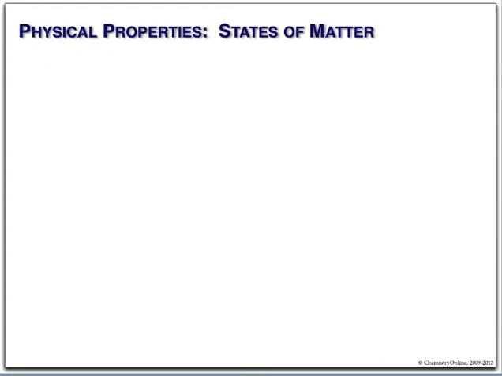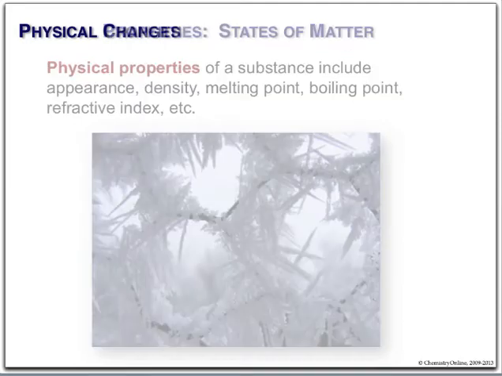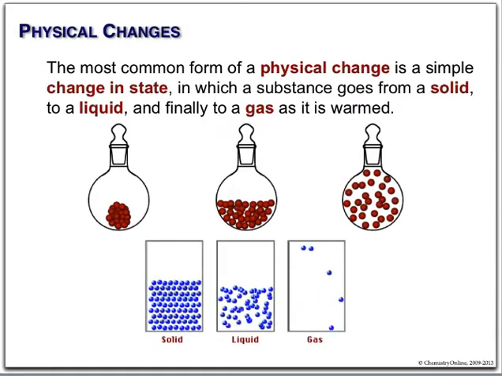Now let's go and look at physical properties. We're going to look at the states of matter, and we're going to see how the kinetic molecular theory describes the states of matter and transitions between these states. We're dealing here with solids, liquids, and gases. This little movie shows the particles in a solid, liquid, and gas as they're described by the kinetic molecular theory.